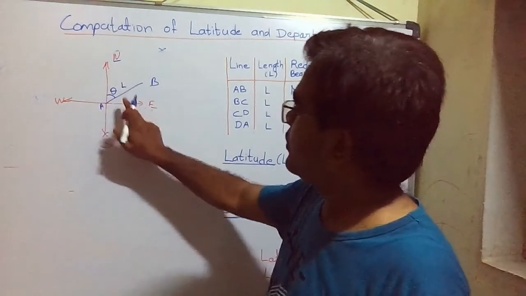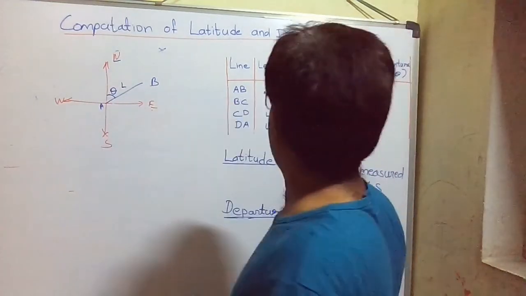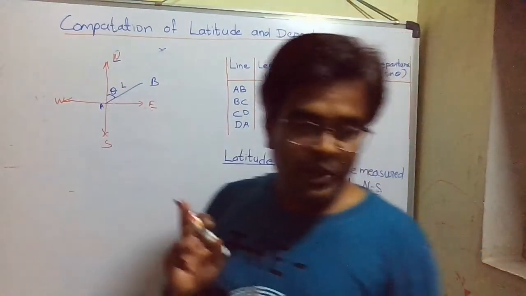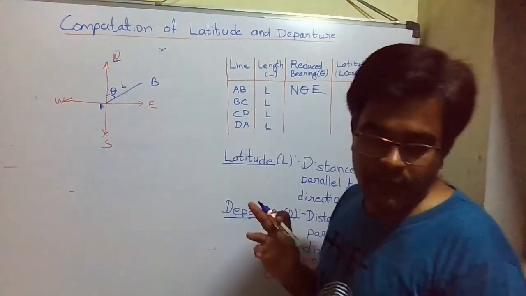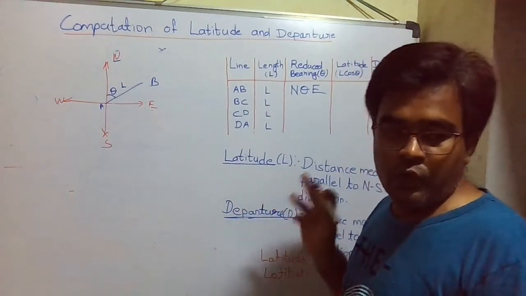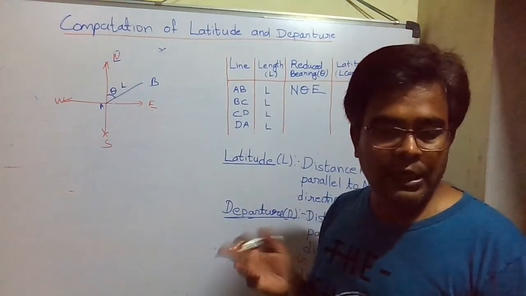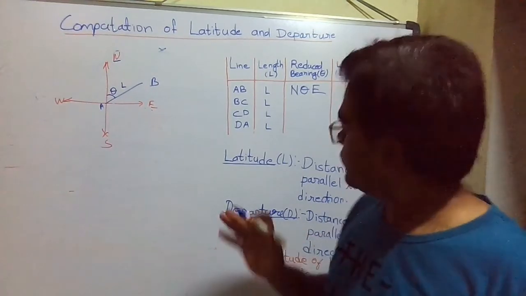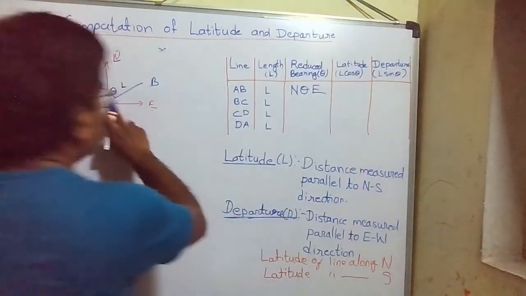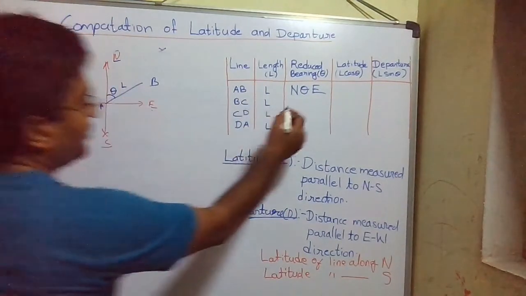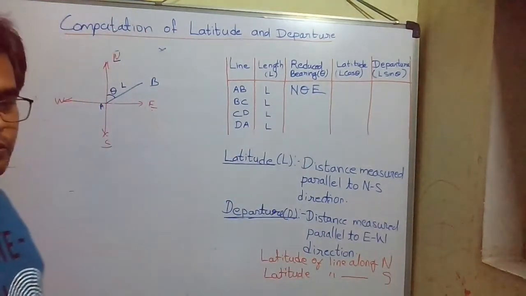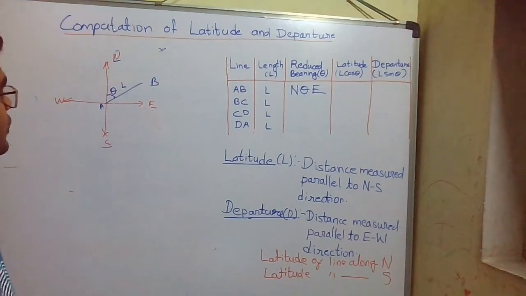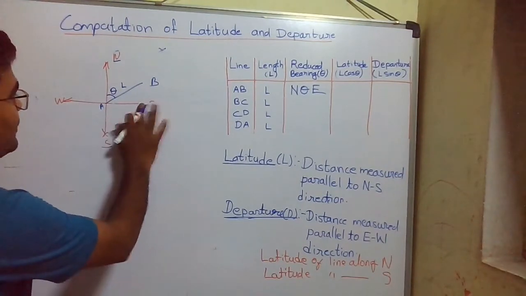So the quadrantal bearing of this line AB is north, theta, east. Keep in mind, we always need to convert the bearing of a line into the reduced bearing, or quadrantal bearing. This is the line AB, and its reduced bearing is north, theta, east. So, what will be the latitude of this line?